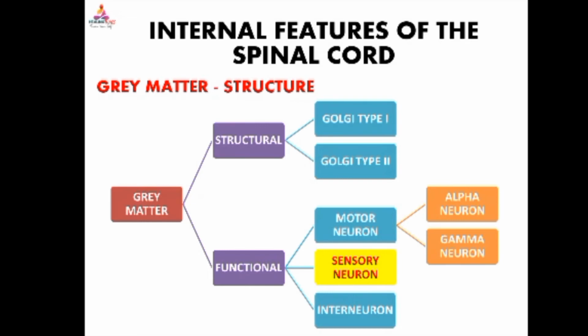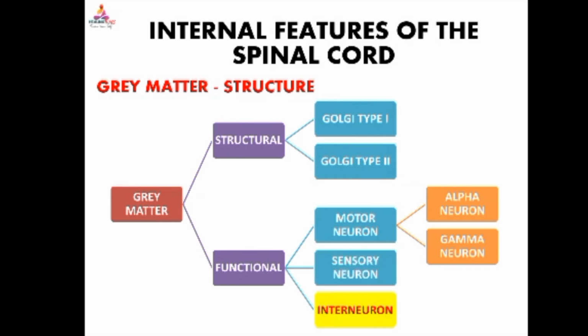Next are the sensory neurons. These are present in the posterior horn and are involved in relay of sensory information to different parts of the brain, forming ascending tracts, or to other segments of the spinal cord, forming intersegmental tracts. The last one is the interneurons.